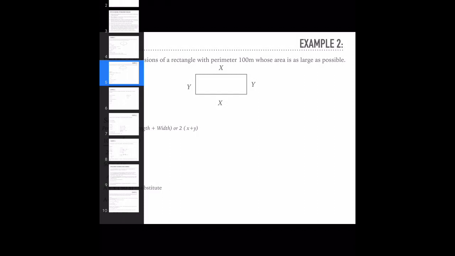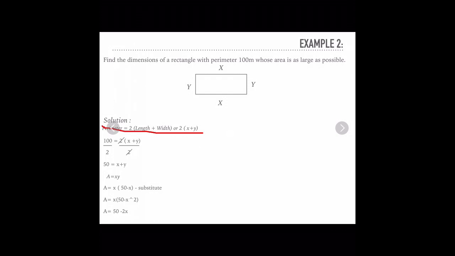So magiging 50x minus x squared. So pwede natin i-simplify yung x squared. So magiging 50 minus 2x. So pwede po natin gawin is solve the equation A. So 50 minus 2x ililipat natin sa pwesto ni 0 si 2x.